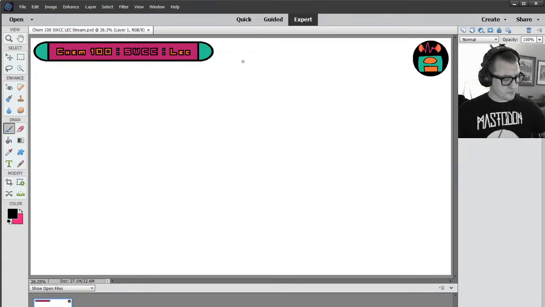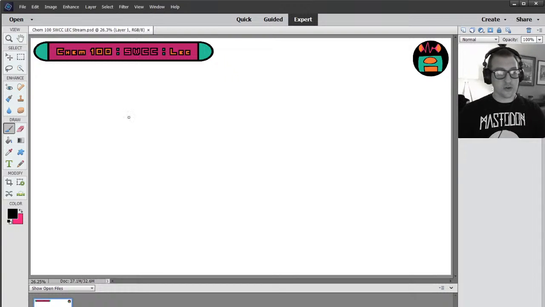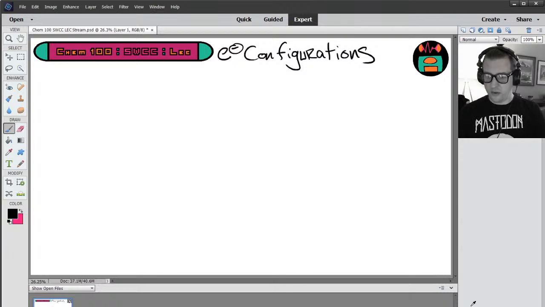We are continuing our discussion of electron configurations in chapter 3. On Tuesday, we were able to cover everything through the noble gas abbreviation.